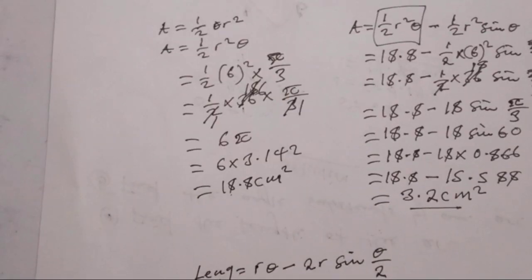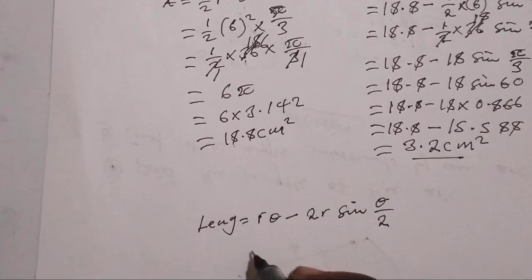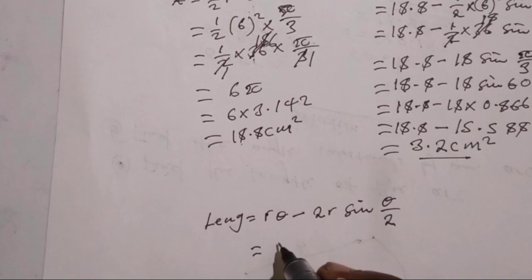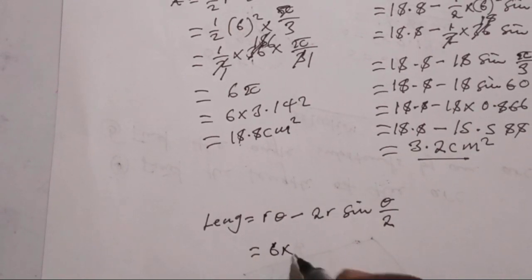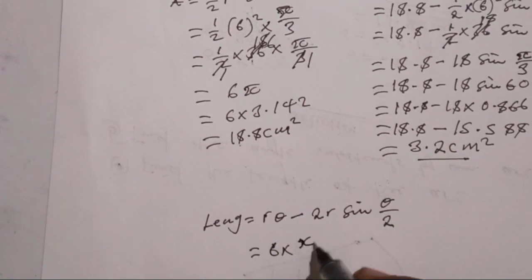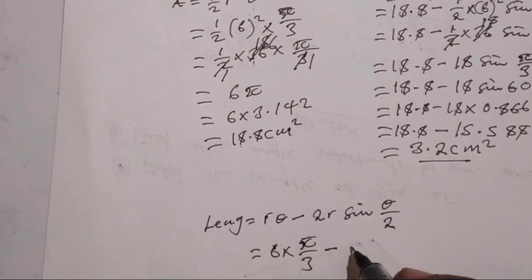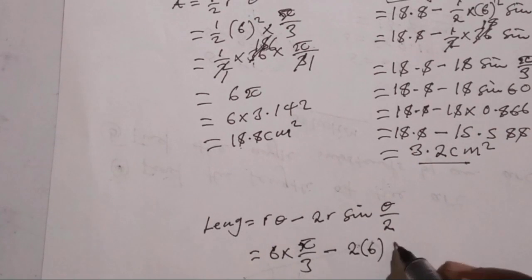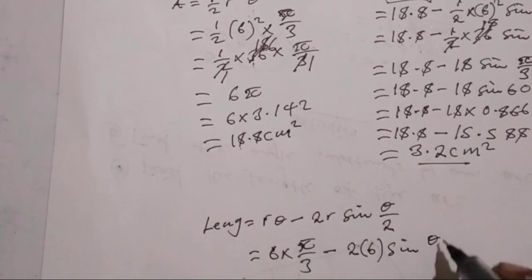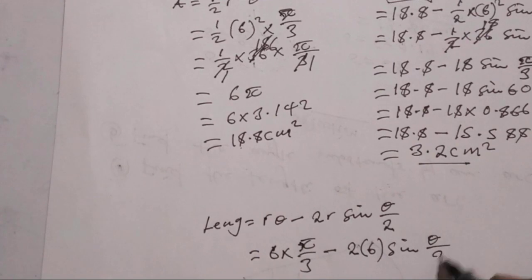So in which it will be r, we have 6, multiplied by theta, we have pi over 3, minus 2 multiplied by 6, then sine theta over 2.